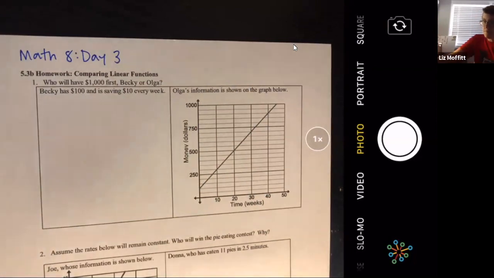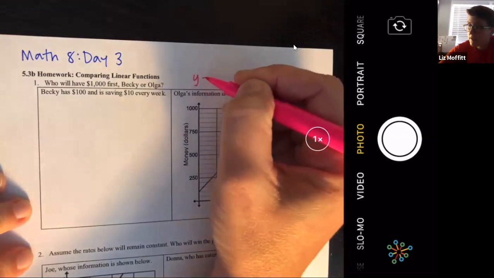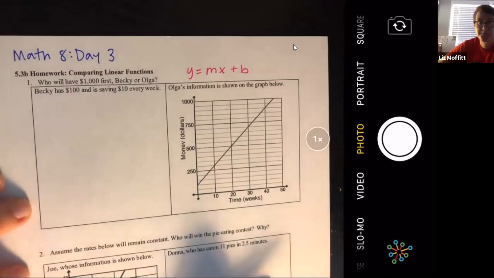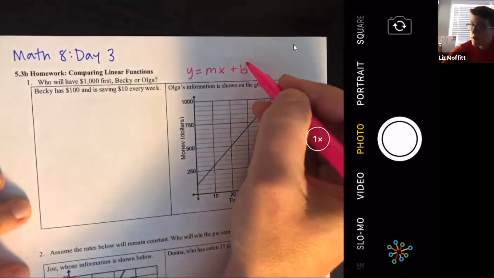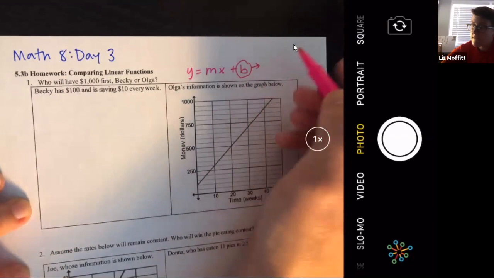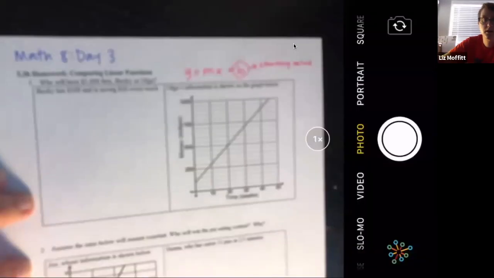So the equation for a linear function always fits the format y equals mx plus b. The b part is our y-intercept, but in a word problem, that b part represents a starting value. Oops, let's see, lost our camera view here.